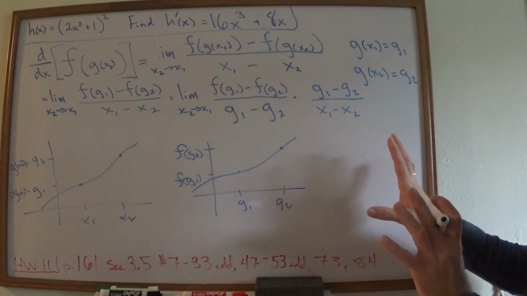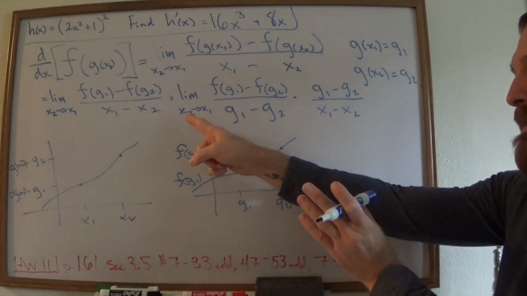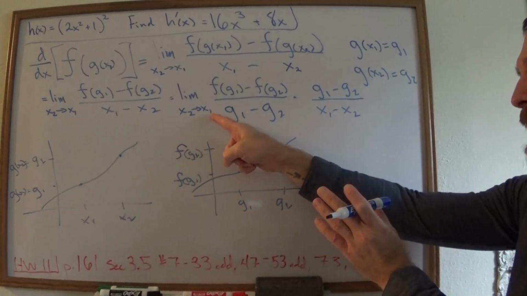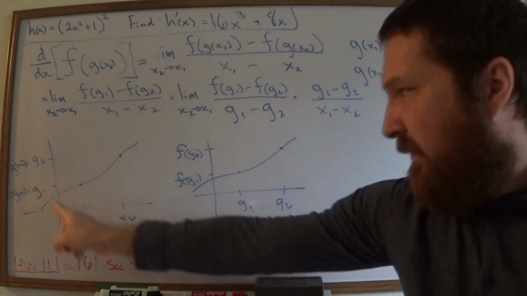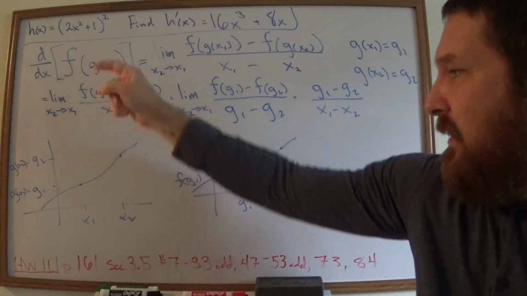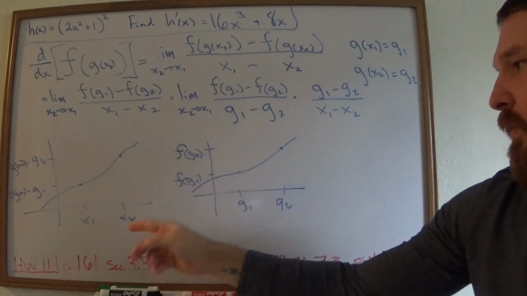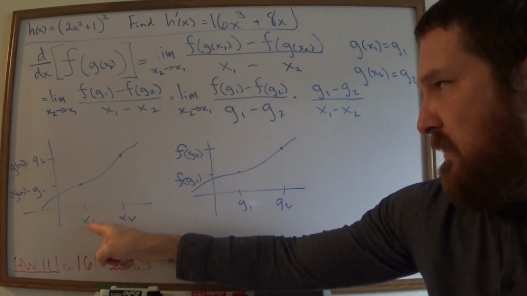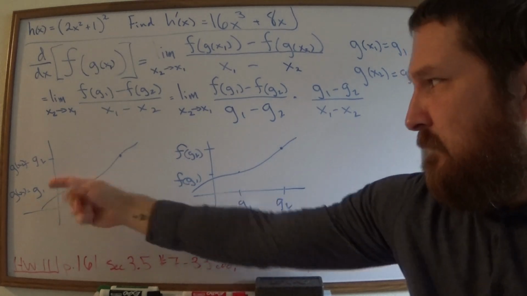Everybody get that? What's going on here? Like this, and what happens as x2 goes to x1? Well, let's just see. G is dependent on the x's. That's what we're doing, we're plugging x's into here. G is going to change. So as x2 goes to x1, g2 drops down to g1.